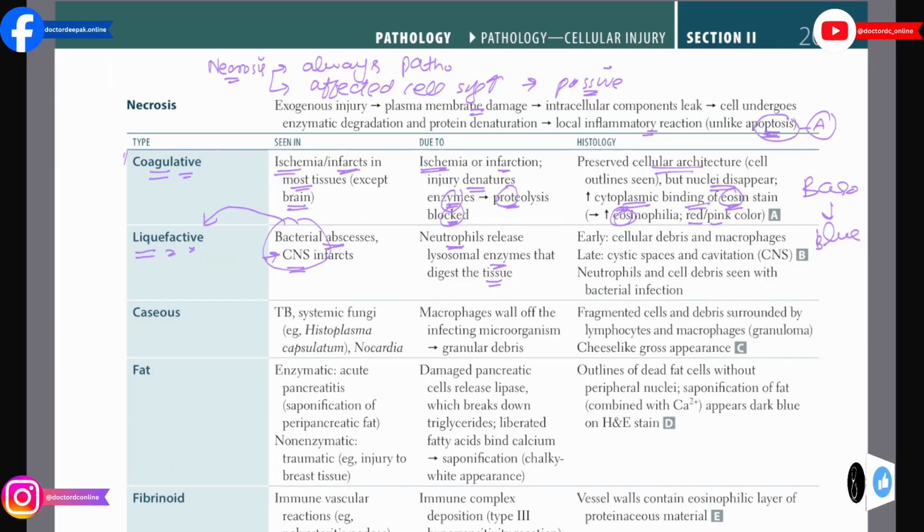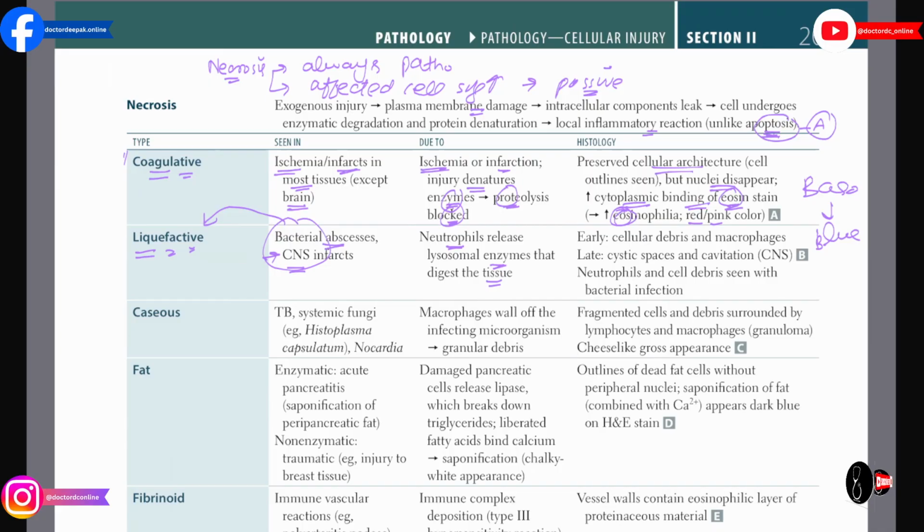And if they ask a question about how liquefactive necrosis occurs in brain infection, then you have to keep in mind that these are proteolytic enzymes. The proteolytic enzymes are released from the microglial cells, and those proteolytic enzymes digest the tissue. So this is about the central nervous system.